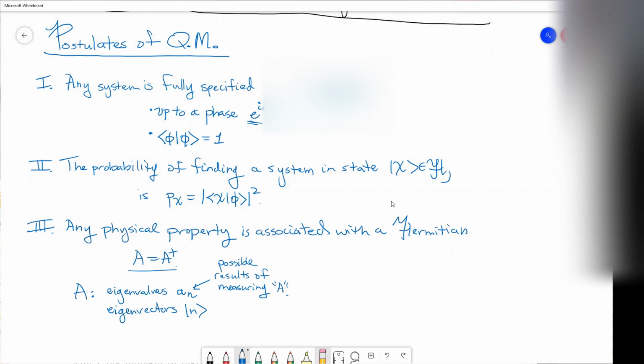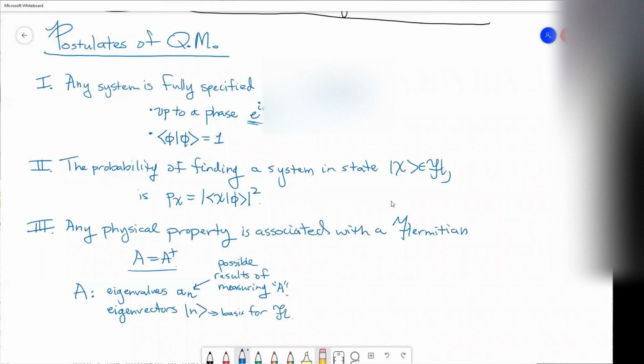So any physical property has a Hermitian operator associated with it. So then we know automatically from our understanding of Hilbert spaces and the spectral decomposition theorem that A is going to have a set of real eigenvalues and some eigenvectors which form, these are special, right, a basis for your Hilbert space. And so any physical property has this Hermitian operator associated with it, and that automatically tells you the set of possible results of measuring that particular property.